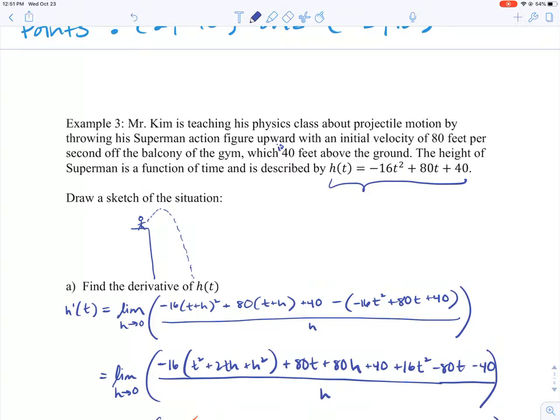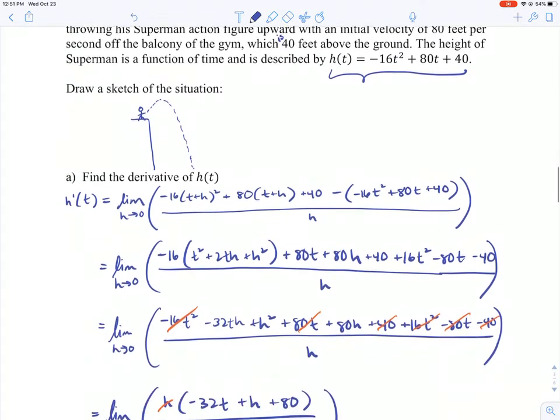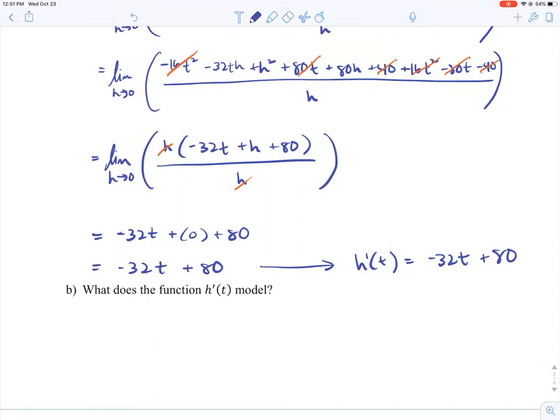If we wanted to determine how fast Superman was traveling at any moment in time, like we wanted to calculate his instantaneous velocity, then we're going to need to use the derivative. So the function h prime of t, which is equal to negative 32t plus 80, t still represents time, but h prime of t represents Superman's velocity.